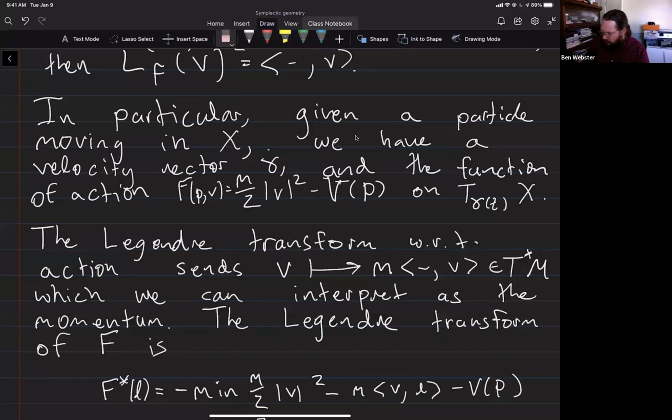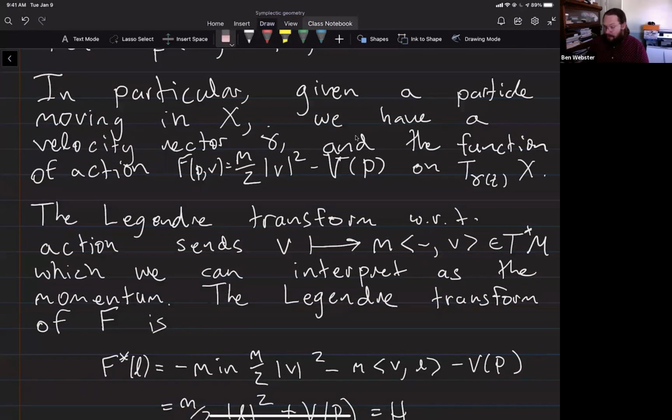And when I do the Legendre transform, exactly what I'm going to do is send v to the covector of m times pairing with v. So what you should think of this as, the Legendre transform is the thing that takes in the velocity and spits out the momentum.